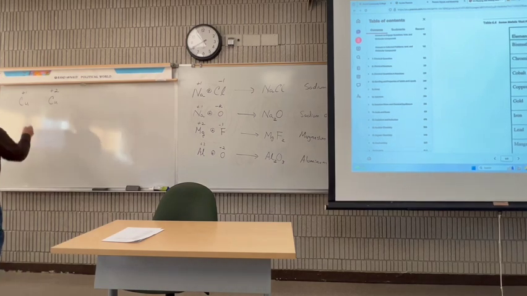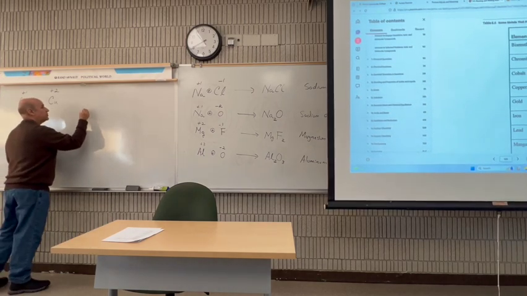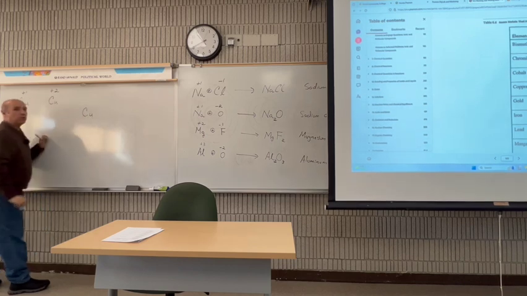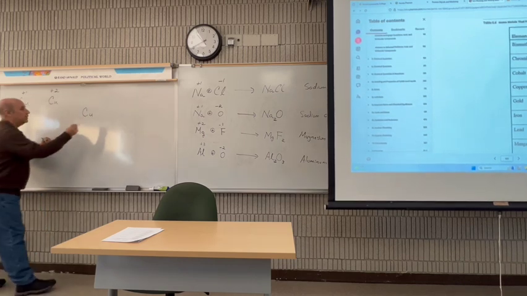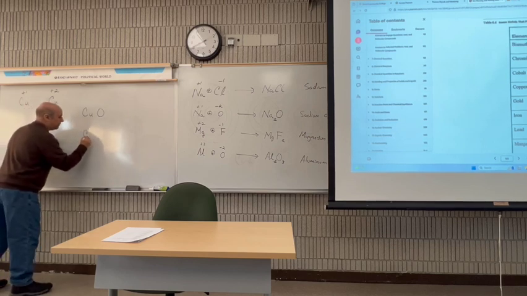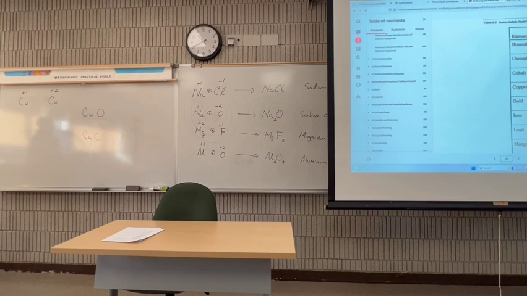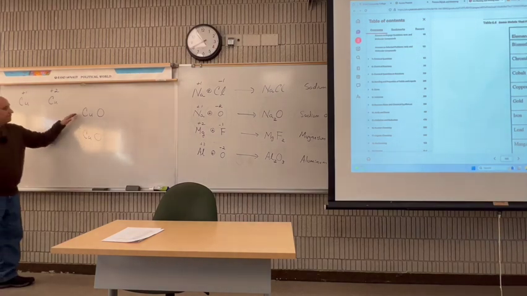It turns out that copper, a metal, can form 2 compounds with oxygen. So we can have copper with oxygen, or we can have copper with oxygen, but they're 2 different compounds. We're not done. These are not the formulas.